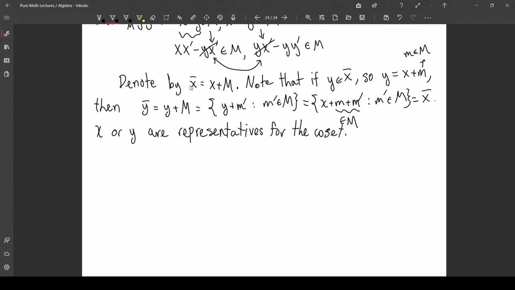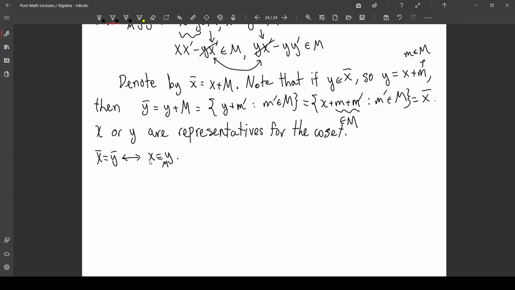Essentially what this is saying is that if you pick some representative x bar, then any other element in x bar is a representative for the same coset. So in other words, x bar equals y bar precisely when x and y are congruent mod m.